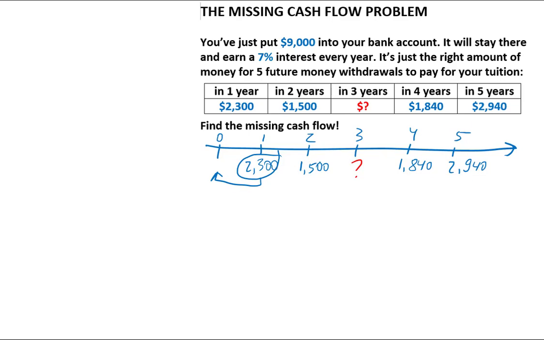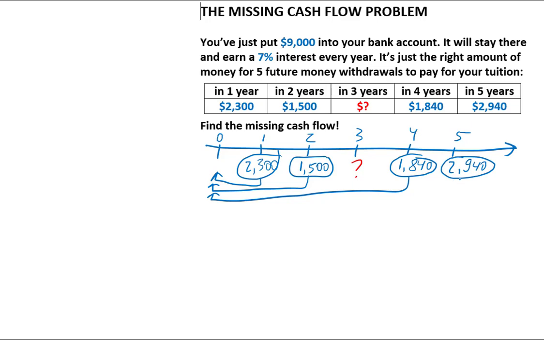Then we need to discount 1,500 back by 2 years, 1,840 discounted back by 4 years, and the last money withdrawal in year 5, $2,940, would need to be discounted back by 5 years. If we add up the 4 resulting individual present values, we will find their combined present value. So we can do that as step number 1.